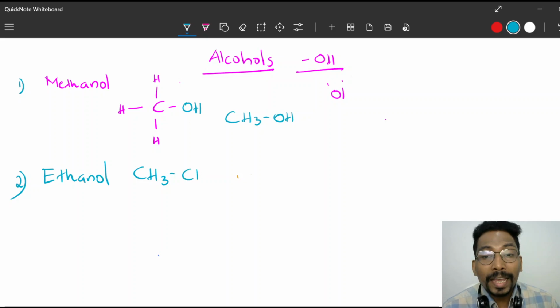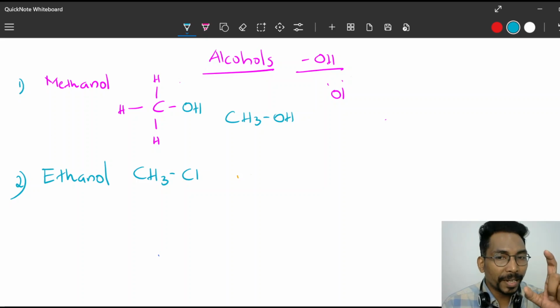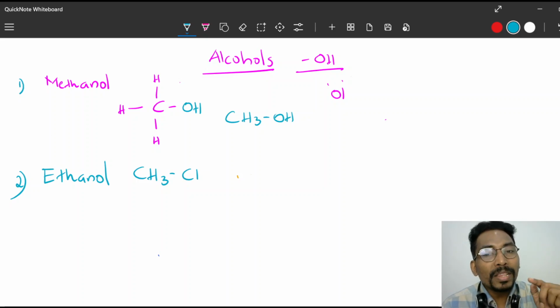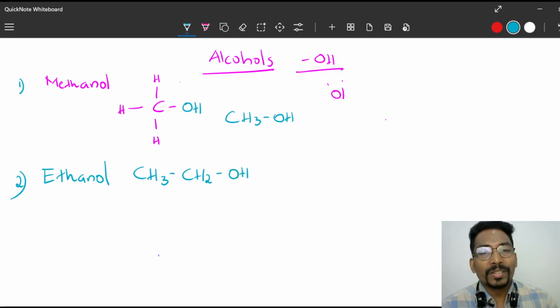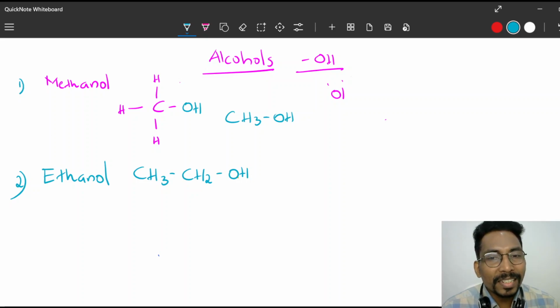Ethane is CH3CH3. From that, one hydrogen will be replaced by an OH group. So that will be CH3CH2OH, ethanol.